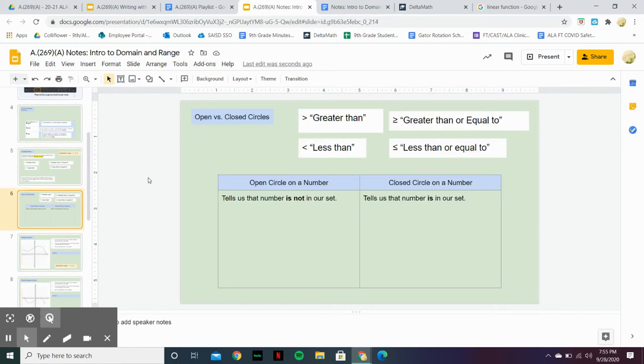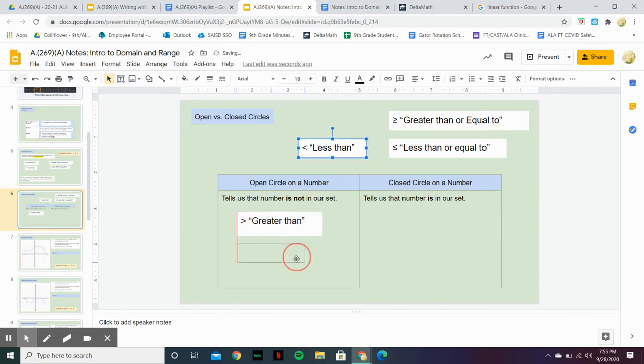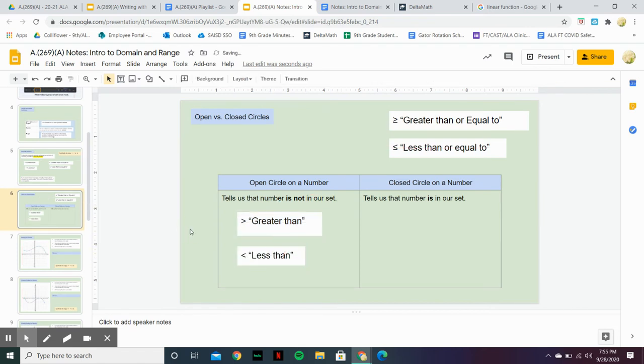The other thing we need to know before we get into this is that on our graphs, we're going to see open circles and closed circles, and you need to understand what that means. An open circle on a number tells us that that number is not included in our set. So if you see an open circle, you're only going to ever use greater than or less than because it's not equal to it.